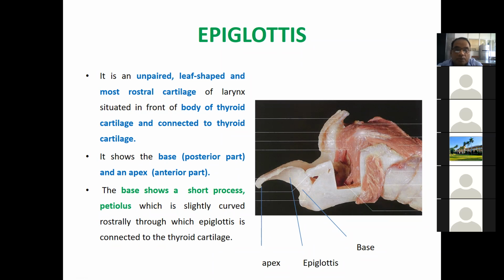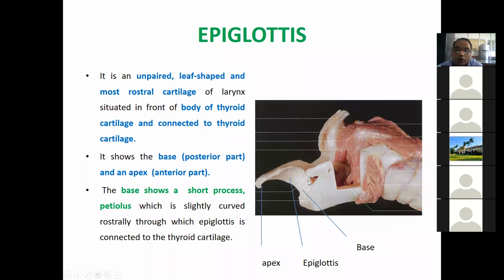So this epiglottis cartilage has two parts, that is the apex and the base. You see this anterior one, this is the apex part, and here is the base part. This apex part is short and slightly curved, and it is situated towards the tongue.